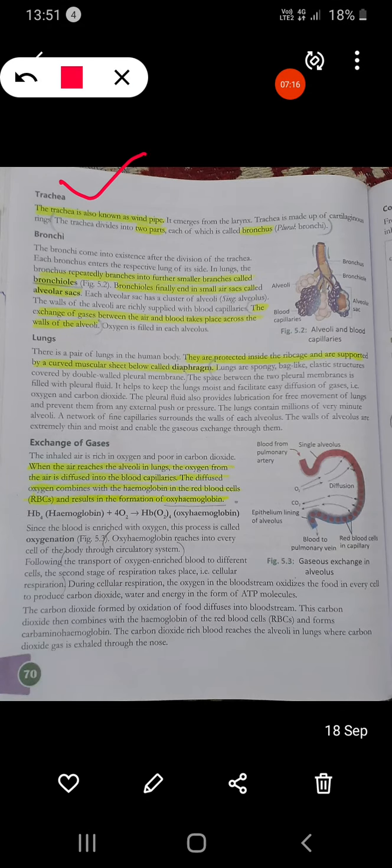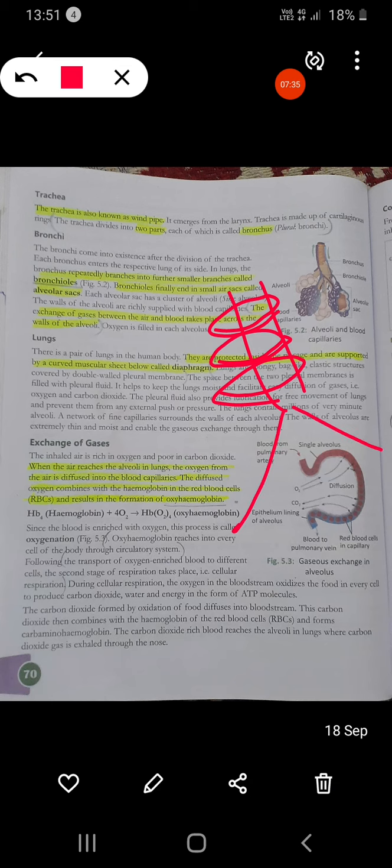Now children, trachea. You can see here in the diagram, this is the trachea. There will be ring-like structures in the trachea, and further the trachea divides into two parts.